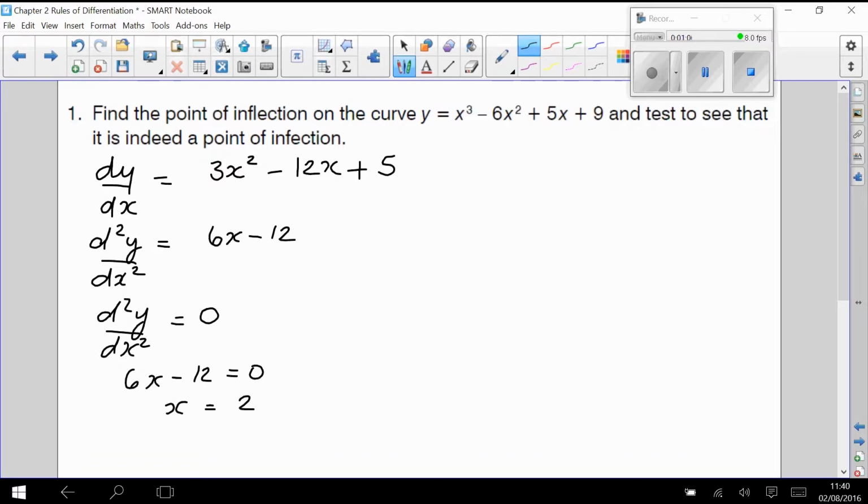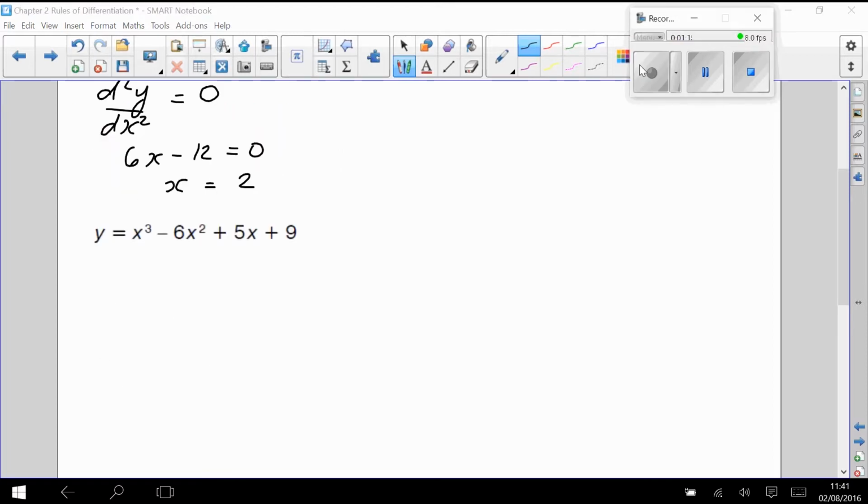But they ask me to find the whole point of inflection. I so far found the x-coordinate for the point. So what I need to do next is find the y-coordinate. When I find the corresponding y-coordinate for when x is 2, I must take that x value and substitute it into my original equation.